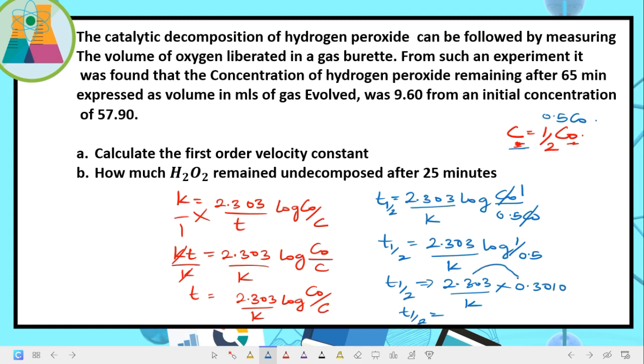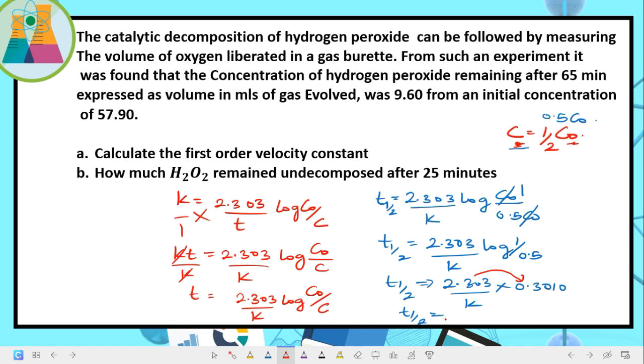So our t half will be equal to, what do we do? Use what is here to multiply this. If you use these two to multiply each other, what is it going to give to us? This is 2.303 times log 2, which is 0.301.